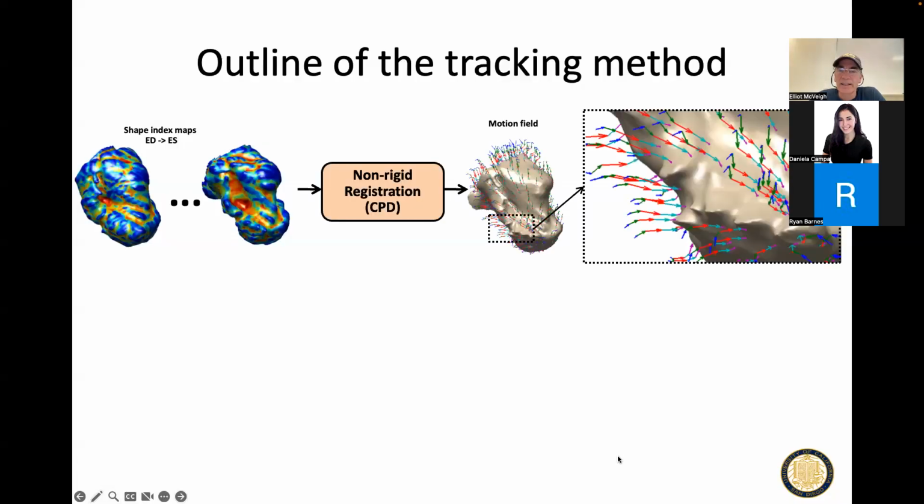And so you can track these features with your favorite tracking software. There's lots of tracking software out there that comes from computer vision and elsewhere, and you make a vector field of the displacements or velocities, or whatever your favorite vector field is, to look at the motion of a point cloud of points. And so that's what we've done here.